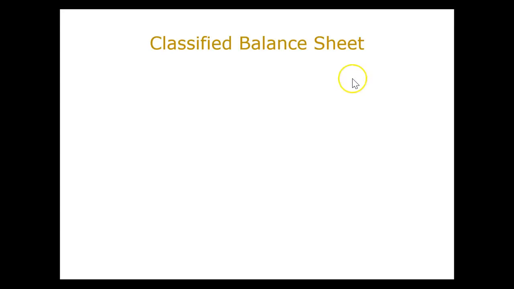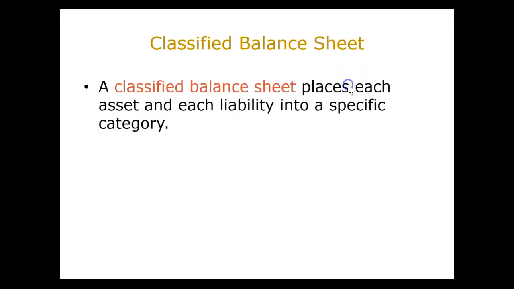What you're going to be doing is what's called a classified balance sheet. All a classified balance sheet does is place each asset and each liability into a specific category. Assets are shown in order of liquidity.